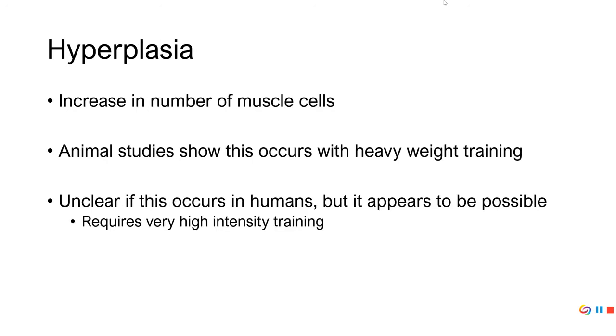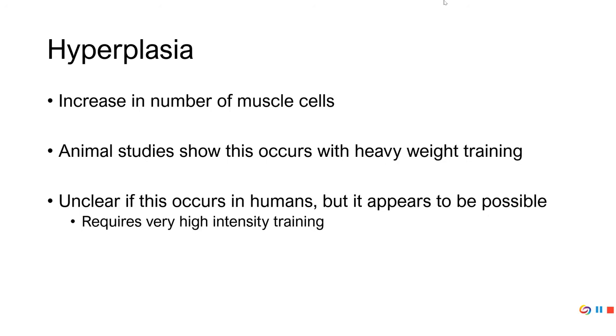So then we've got hyperplasia, which doesn't seem to occur. Now, hyperplasia is just an increase in the number of muscle cells. This does happen in animals when they have extreme weight training or heavy training. It's unclear if this occurs in humans, and the reason that it's unclear is that it'd be very difficult to determine, but it does appear possible.